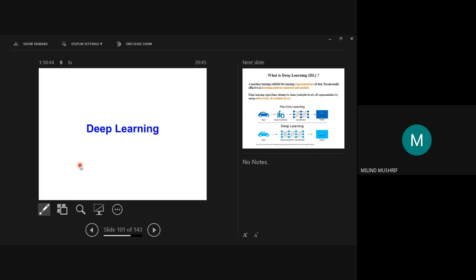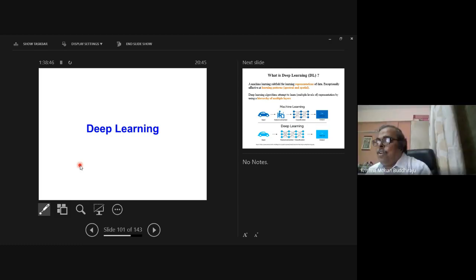I'll just give a hint of today's popular thing, deep learning with convolutional neural nets. So far, what we used we can call traditional or standard machine learning. This is relatively more recent.